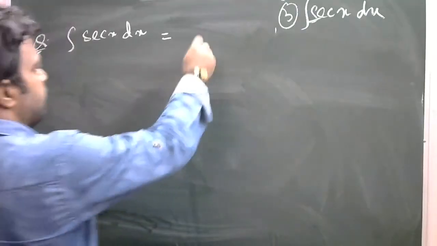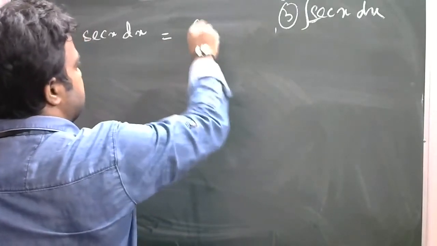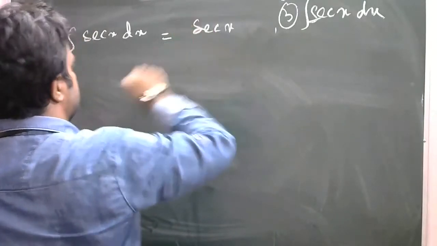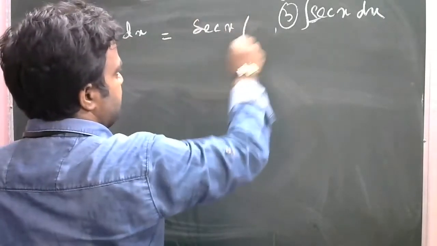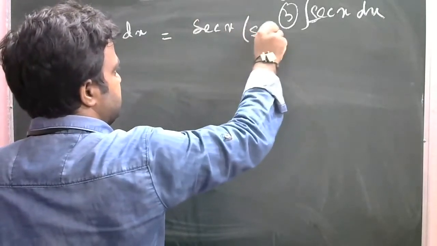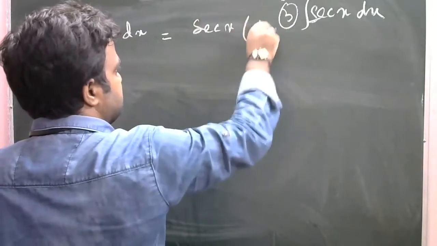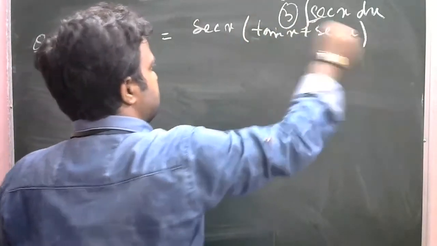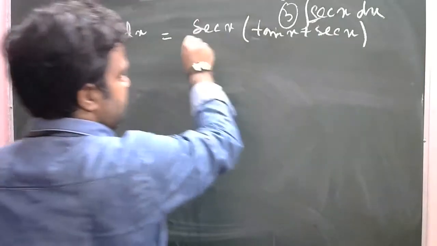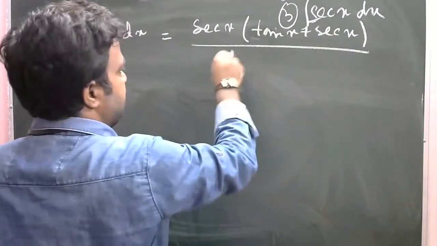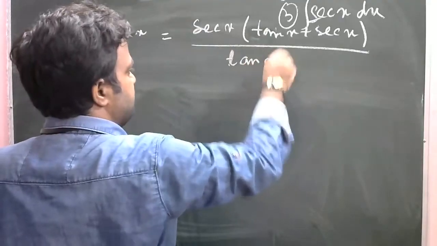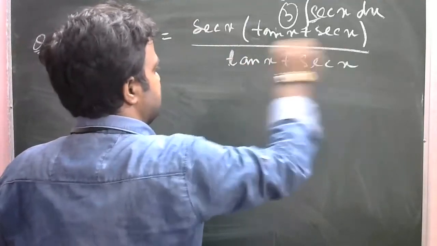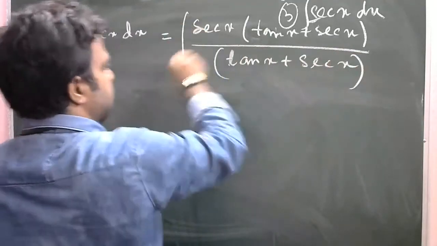So what we will do here, I'll write sec x and I'll multiply tan x plus sec x. I'll multiply sec x plus tan x in the numerator and tan x plus sec x in the denominator also, dx.